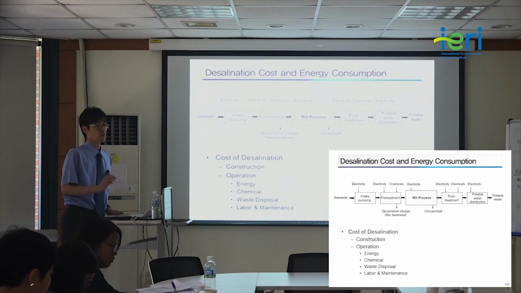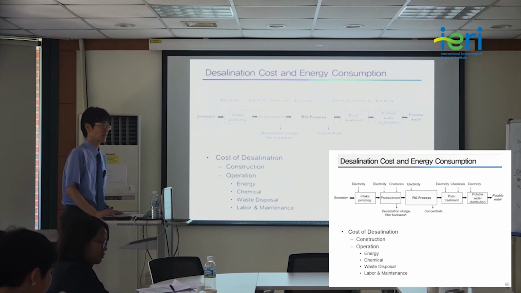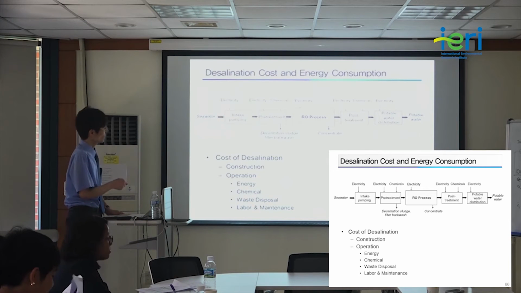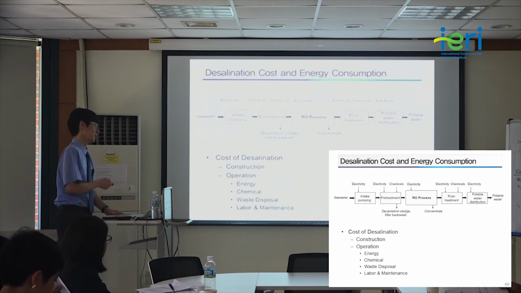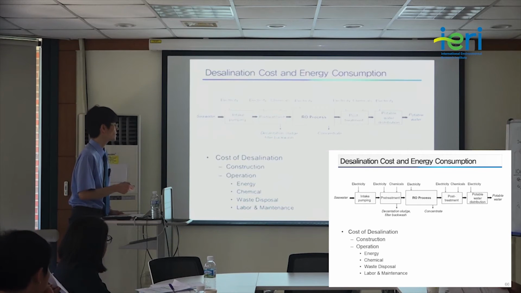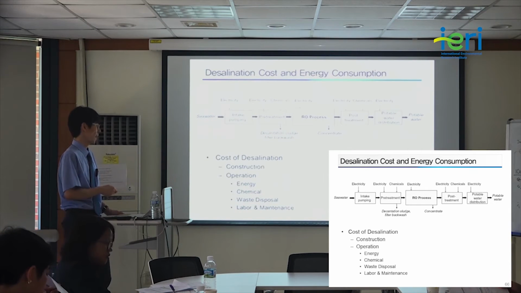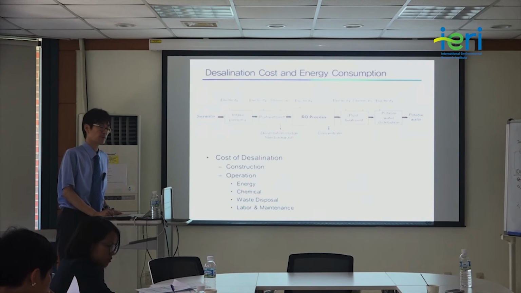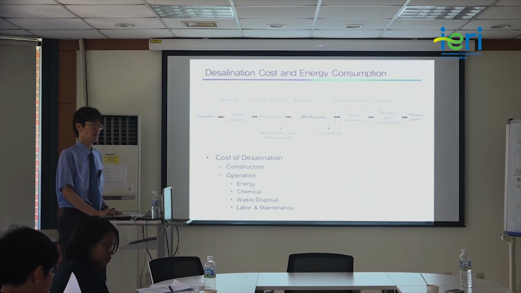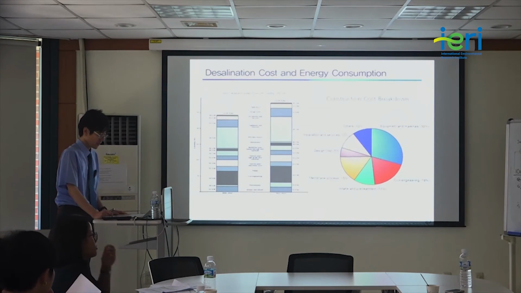So if we purely consider the engineering aspect, we only divide the cost into two parts: the construction cost and operating cost, including the energy cost, chemical cost, waste disposal, and labor and maintenance. And in maintenance, we also have to consider the membrane replacement cost.